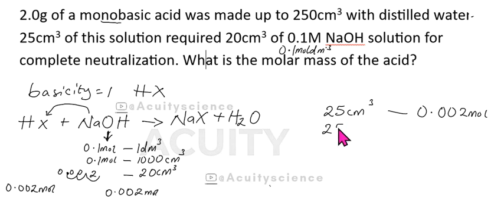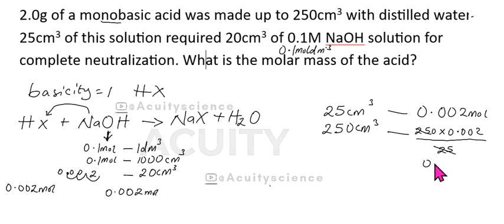Okay, now let's find out what would be in this 250 that was made initially. So in 250 cm cube, the same method, let's cross multiply. 250 times 0.002, and then we'll divide by 25. So 25 here 1, 25 here 10, we're just multiplying by 10.